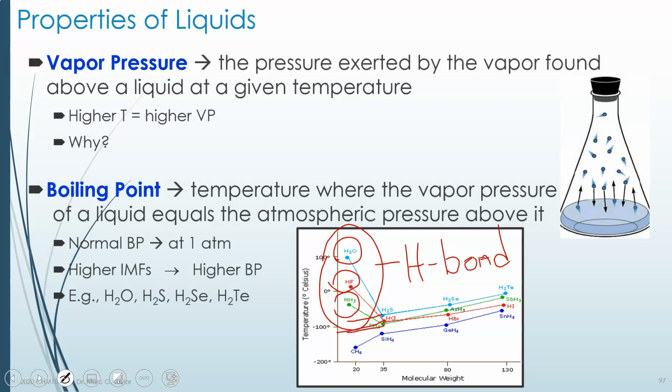So you see that the boiling point of water is much higher than expected by just dispersion forces, and that's because the H bonds, the hydrogen bonds, are so powerful that they bump the boiling point up to a level that's almost 200 degrees higher than we would have expected for other molecules like it, like H2S, H2Se, and H2Te, all in the same group of the periodic table, the oxygen group.